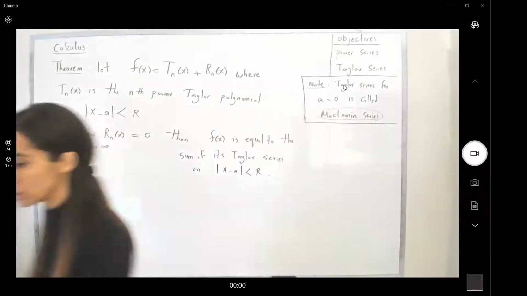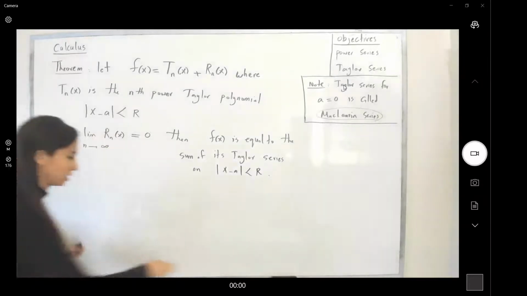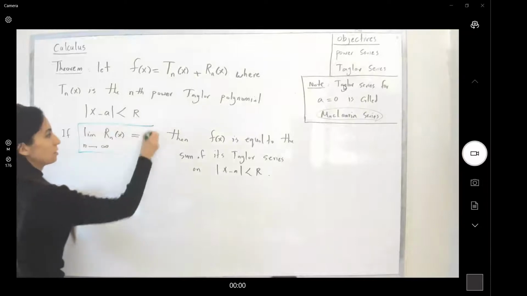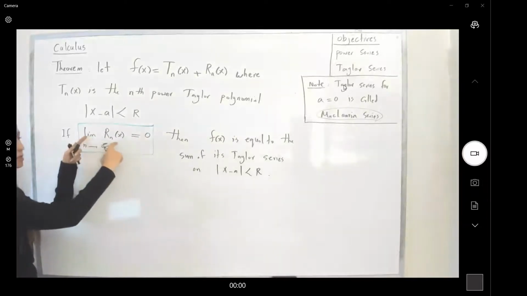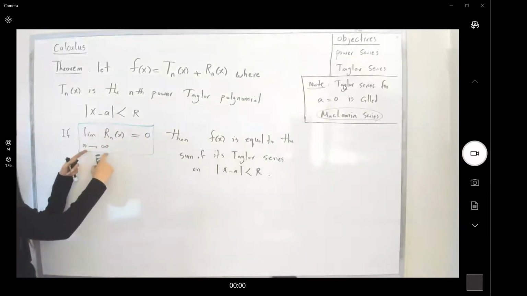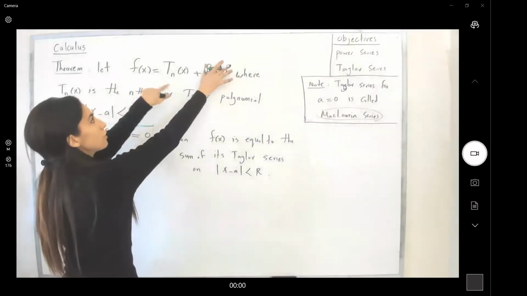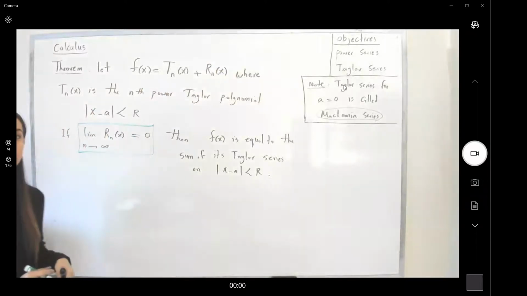So if this condition is satisfied, if the limit of the remainder as n goes to infinity is equal to 0, you can for sure say that f of x actually equals its Taylor series.